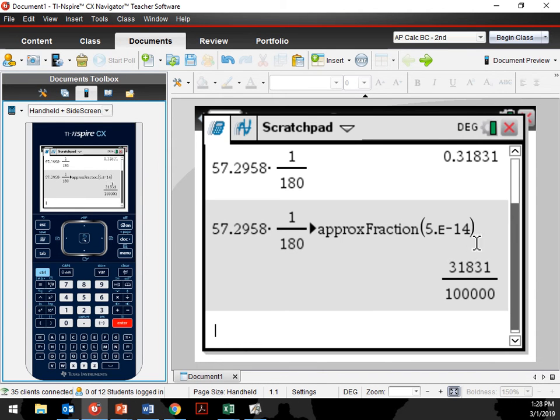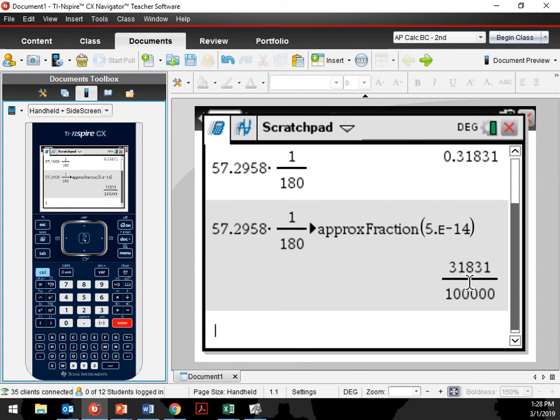All right, so what do you come up with? So I got a decimal, but it's not coming close to it. You gotta erase all those numbers in the fraction thing and replace it with 1. I do not know why it gives you all those numbers. Approximate fraction 5.e minus 14. That will get you something that's not your answer. Oh, no. This is approximate of this.